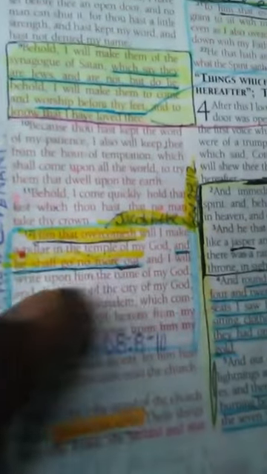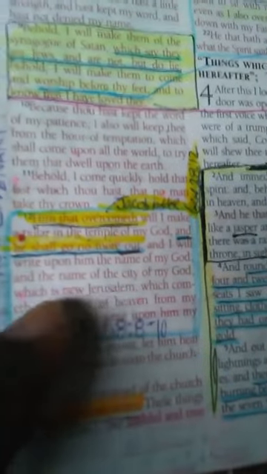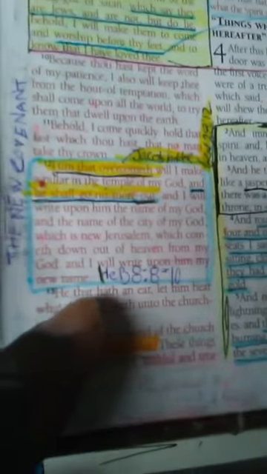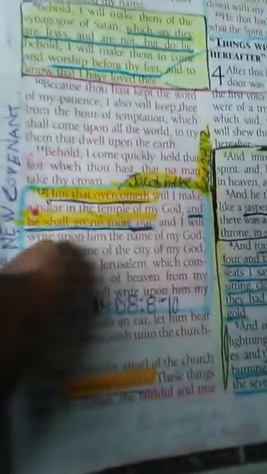And I will write upon him the name of my God and the name of the city of my God, which is New Jerusalem, which cometh down out of heaven from God, and I will write upon him my new name. See that? So he that overcomes, he shall go no more out.